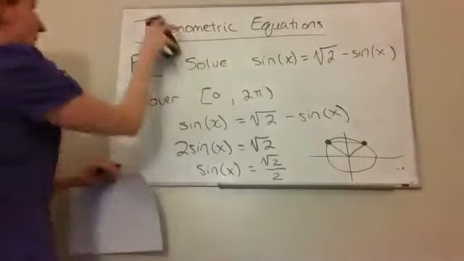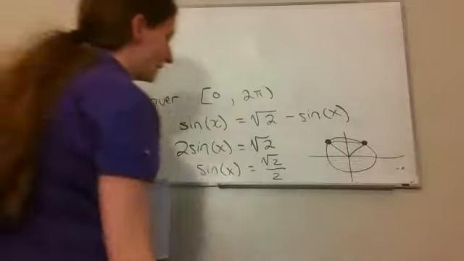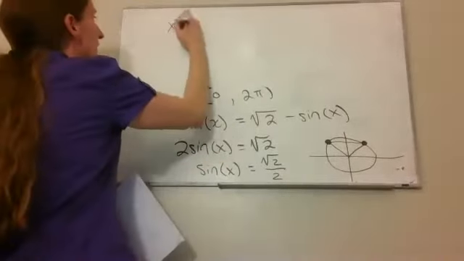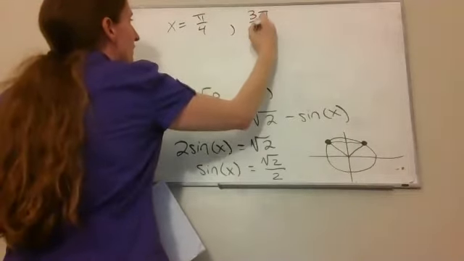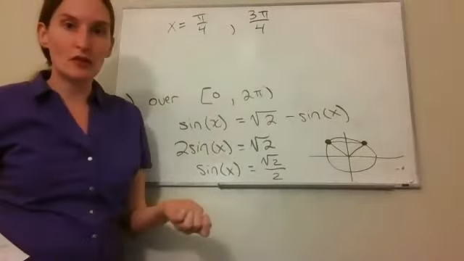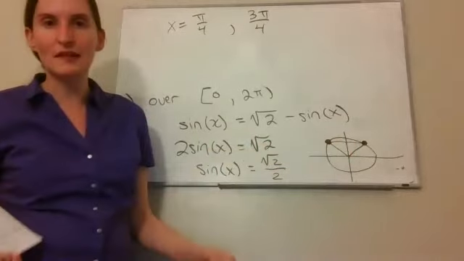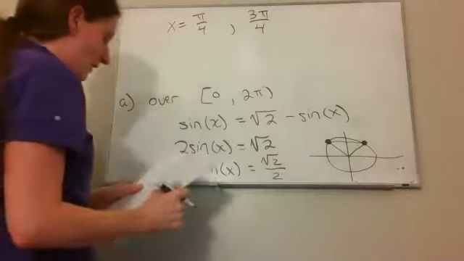So this tells me that I have two answers. X equals pi over 4 and x equals 3 pi over 4. And there's no other answers in the interval 0 to 2 pi because when I go around that circle, those are the only two places where I have that y value, which is my sine value.